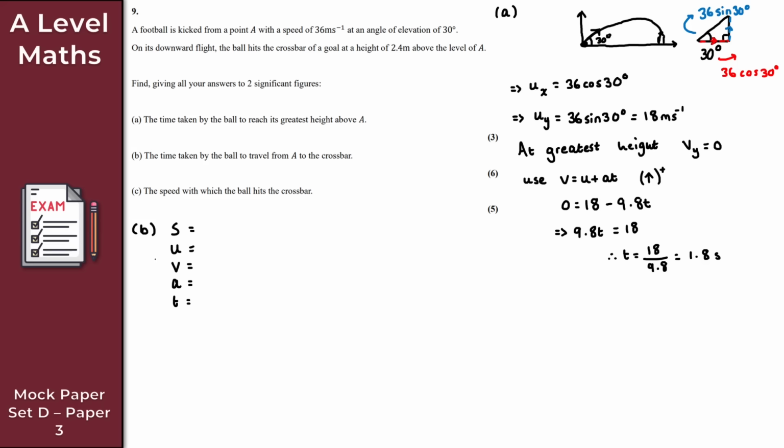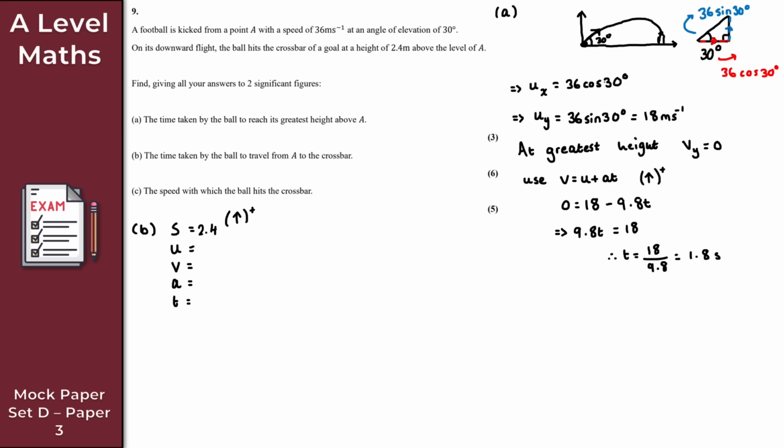As we said before, we'll resolve vertically, taking upwards as positive, similar to the previous part. For S, what is the displacement if we're resolving vertically? That's going to be 2.4, because as we're told, it has a height of 2.4 meters above the level of A. So S is 2.4. For U, make sure that you use the correct component.